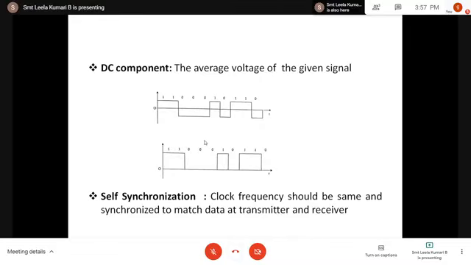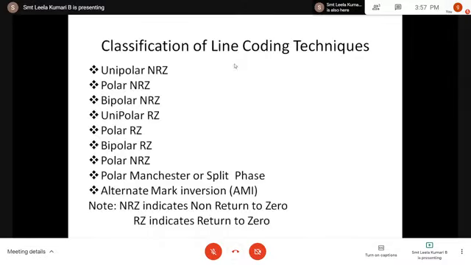Now let us see the different types of line coding techniques. There are different formats for representing the coded data, because our objective is to convert this binary data into electrical pulses by means of these line coding techniques. Here there are different formats to represent the binary data: unipolar non-return to 0, polar non-return to 0, bipolar non-return to 0, unipolar return to 0.